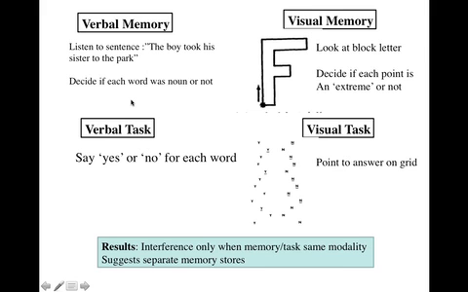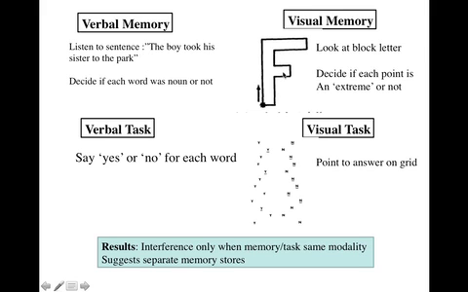What they found was there's specifically interference when the way you had to do the response, so if you had to do a verbal response, would particularly interfere when the kind of memory you had to do was verbal memory. And the same was true for the visual. So when you had to do a pointing task, that would be particularly hard if you were trying to do a visual memory task.